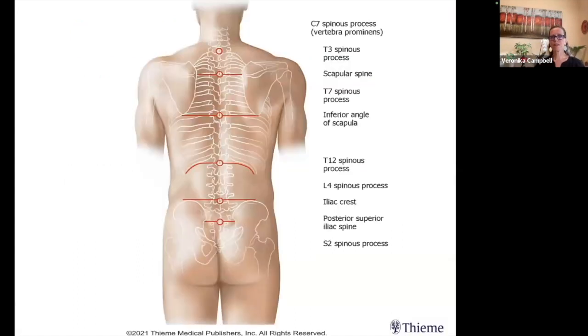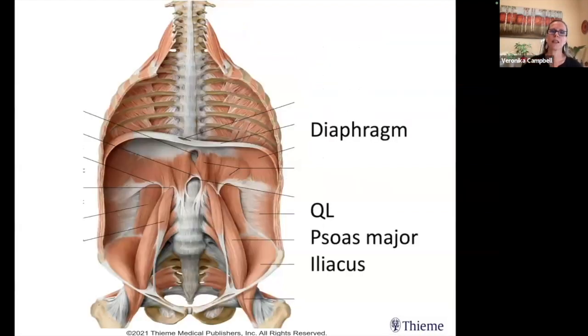And if we go into something familiar of where you're used to working and thinking about the container, what is inside of that? When somebody's always tight at T3, T4, or their SI joint is always stuck, what else is there besides the musculoskeletal in the front of that that could be contributing? And we start to think about what's in front: the diaphragm, the intercostal nerves up above, or intercostal muscles influencing things through the rib cage and our mobility there, our psoas, our QL, our iliacus.